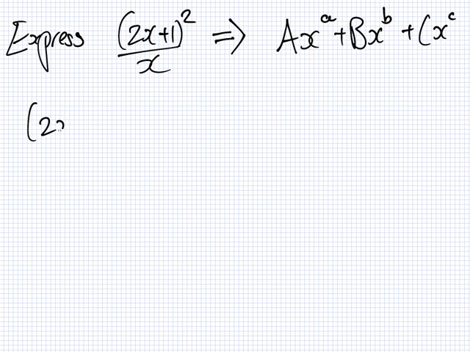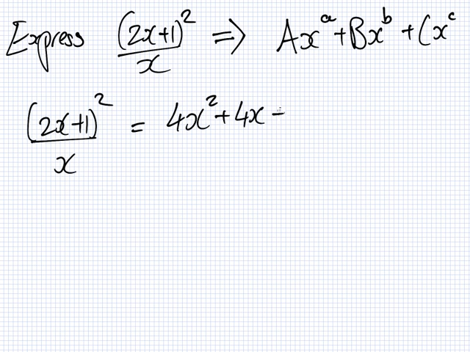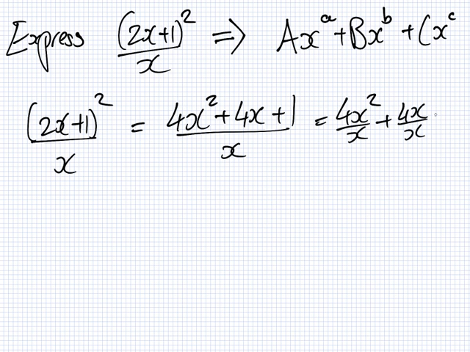This isn't too difficult. What we do first is we expand. We could use Pascal's triangle. You would get 4x squared plus 4x plus 1 over x, which would be 4x squared over x plus 4x over x plus 1 over x. Which, if you want to be clear, that's 4x squared over x power 1 plus 4x over x plus 1 over x.